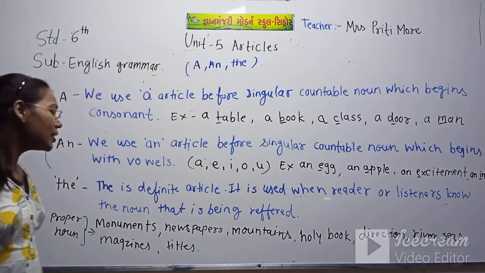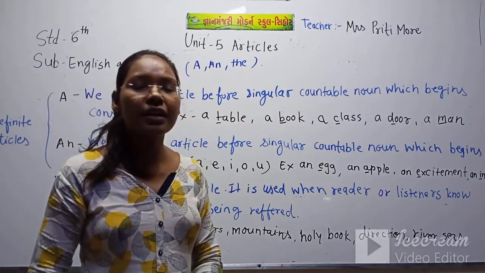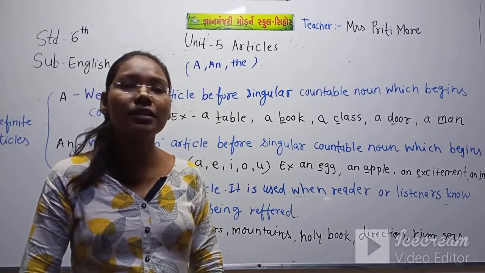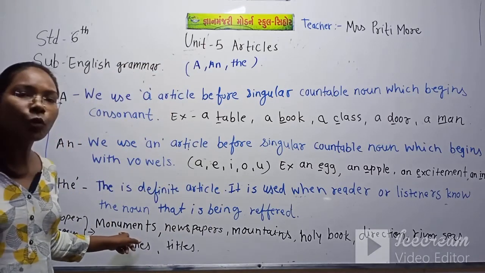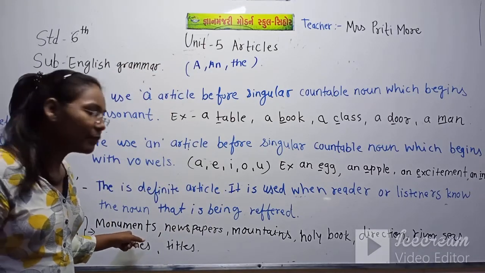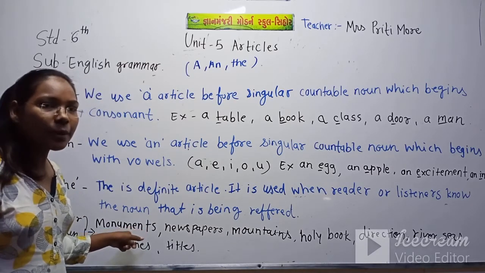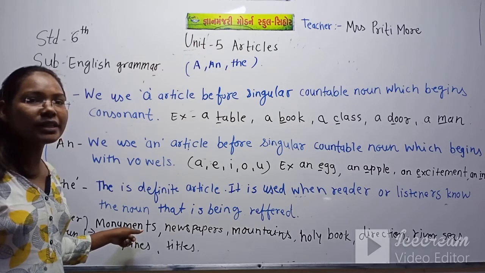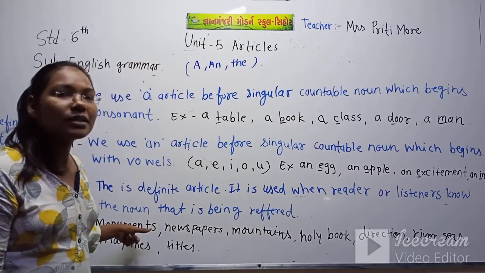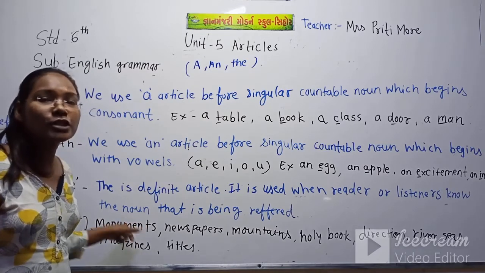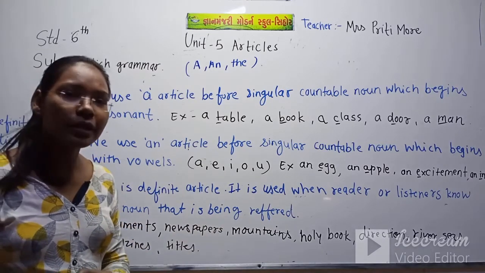So there are some things where we can use the directly, like before the names of monuments. Monuments are the Taj Mahal, the Bibi Ka Maqbara, the Qutub Minar. These are famous monuments, and everyone knows them.